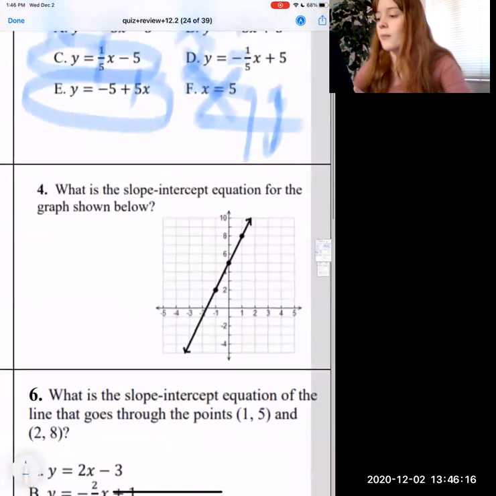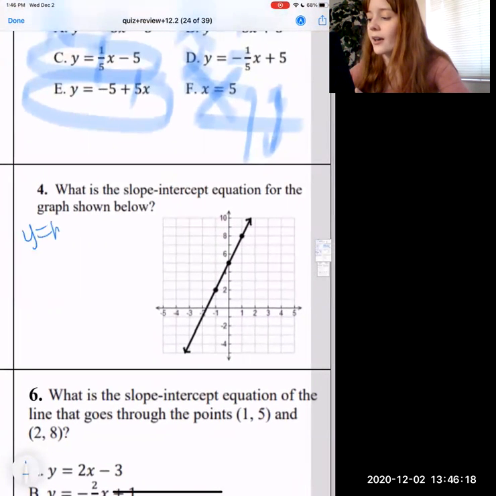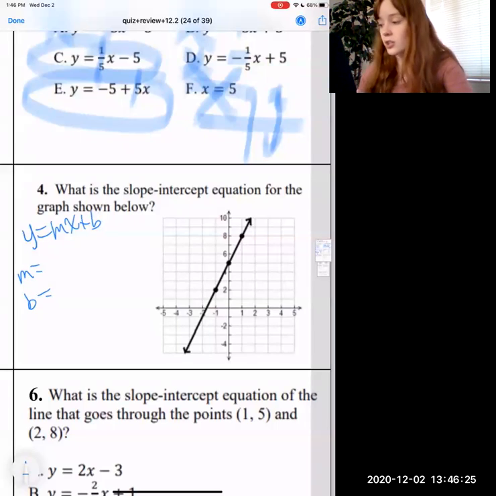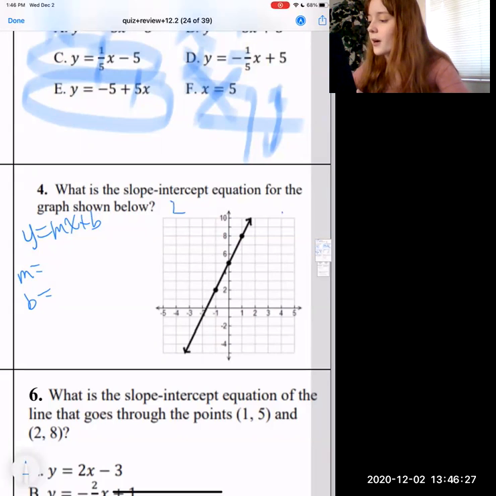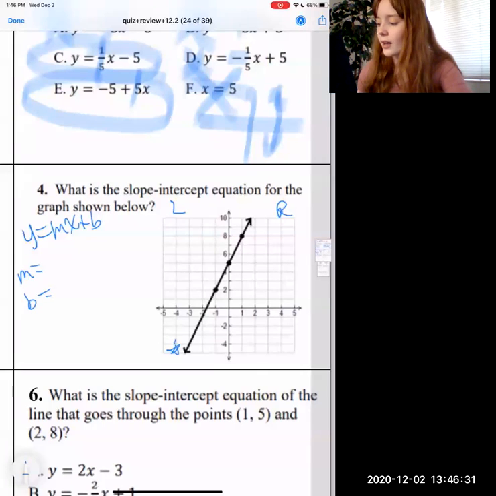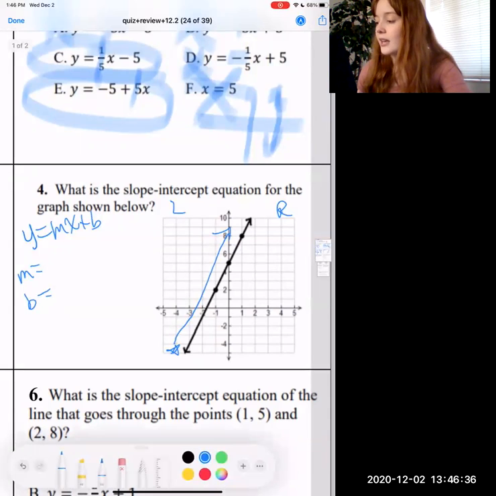What is the slope-intercept equation? So we're still doing y equals mx plus b. We need our m and we need our b. The m is our slope. First, let's decide if it's positive or negative. From my leftmost point over here, I'm going uphill to get to my rightmost point, which means this is a positive slope.